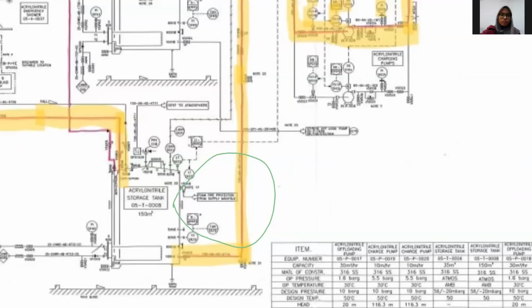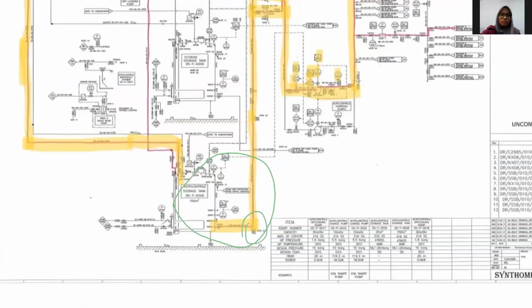After the tank is reached to 10% of the volume, until here, the hose that is already connected to the IBC will be disconnected from here, and the remaining acrylonitrile will be vacuumed out from this tank. So we assume that the chemical is already empty in this tank.